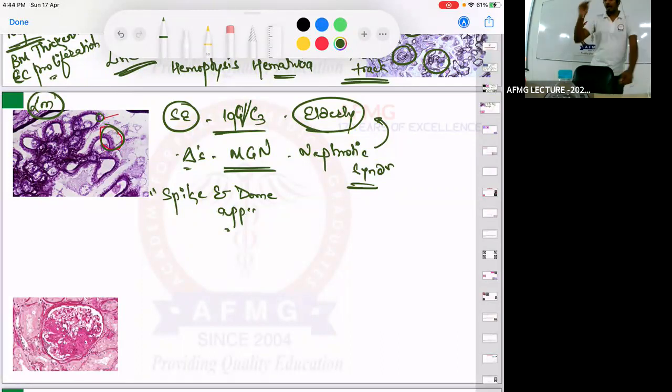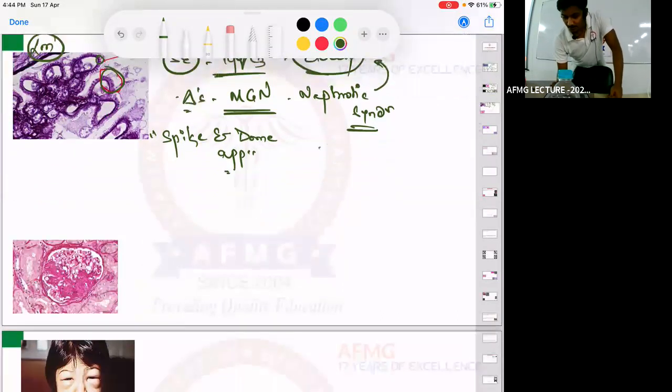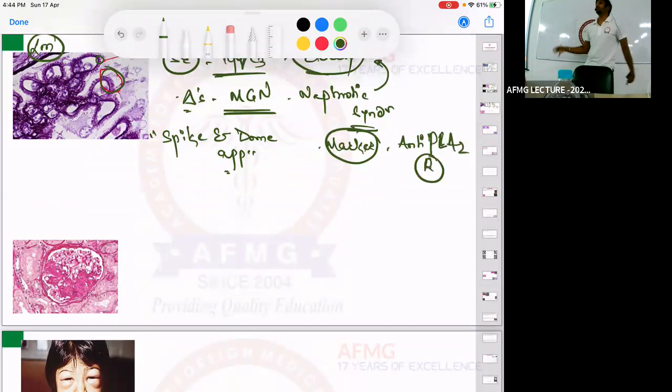No issues. Now, please tell me the marker of MGN. It is anti-phospholipase A2 receptor, anti-PLA2 receptor antibodies are found. So in primary MGN, the cause is autoimmune due to production of these anti-phospholipase A2 receptor antibodies, and secondary MGN is associated with tumors. Many times they will give you a history of tumors or malignancy in the patient, or some infections as well.